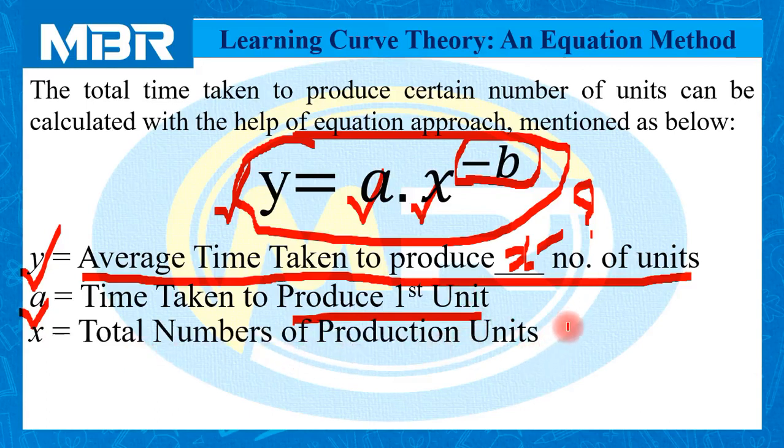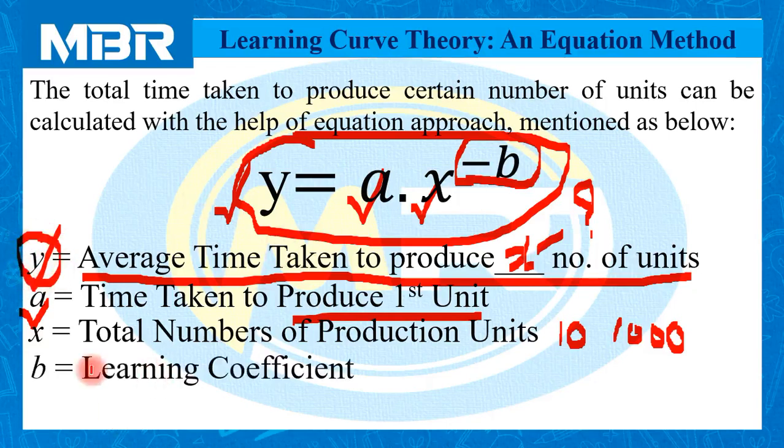So if you want to calculate for 10 units, the value of X equals 10. If you want to calculate for 1000 units, the value of X becomes 1000. So for any desired number of production units, we can easily calculate average time taken, that is Y.